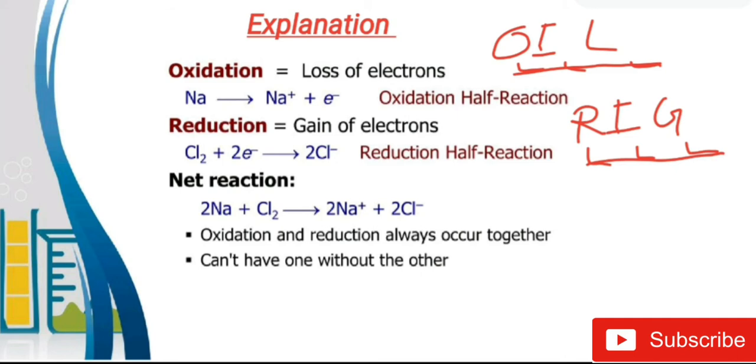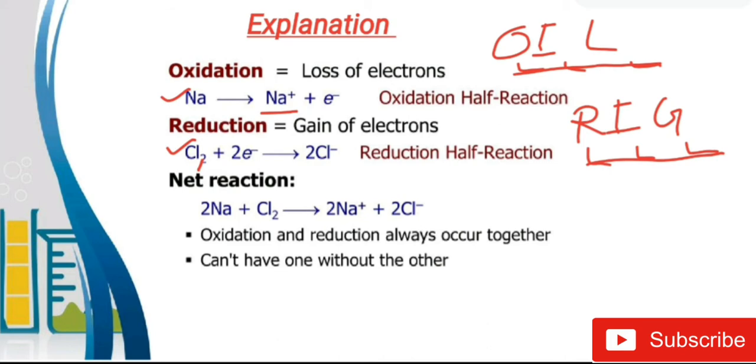Now let us discuss the whole thing in terms of one example. Let us take the sodium atom. Sodium atom forms sodium ion when it loses an electron. A chlorine atom, not the chlorine molecule, gains an electron, so one chlorine atom gains one electron.